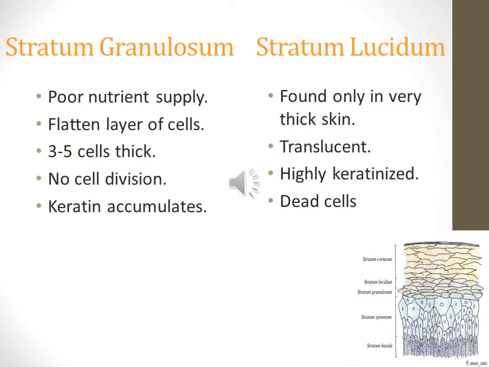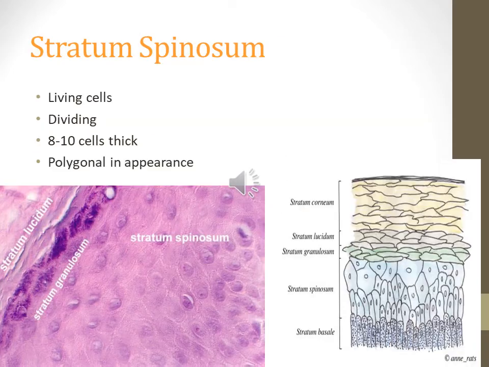Okay. So as we work our way deeper, we have less keratin and more mitotic or active cell division going on. As we travel from the superficial to deep, we now head into our stratum spinosum. These are living cells, but while they're dividing, mitosis is a bit more limited.